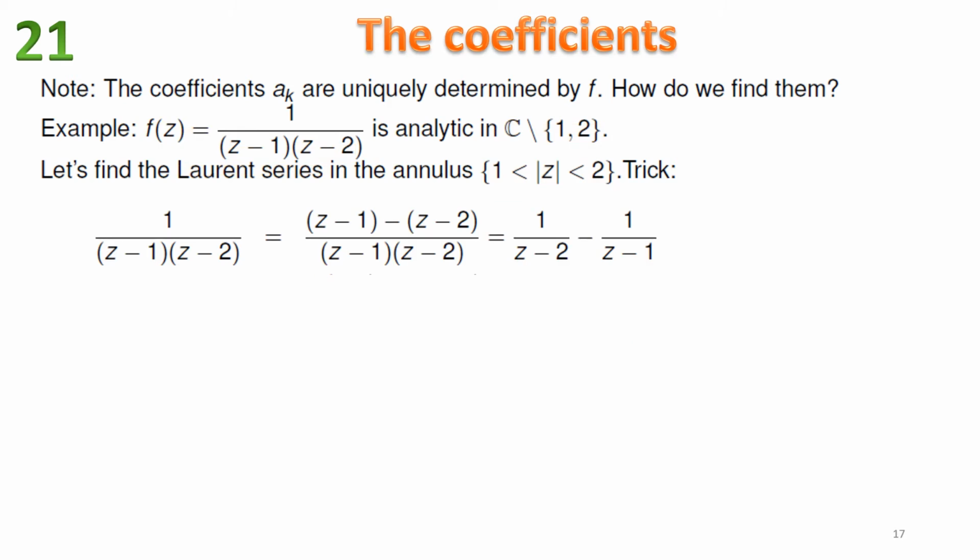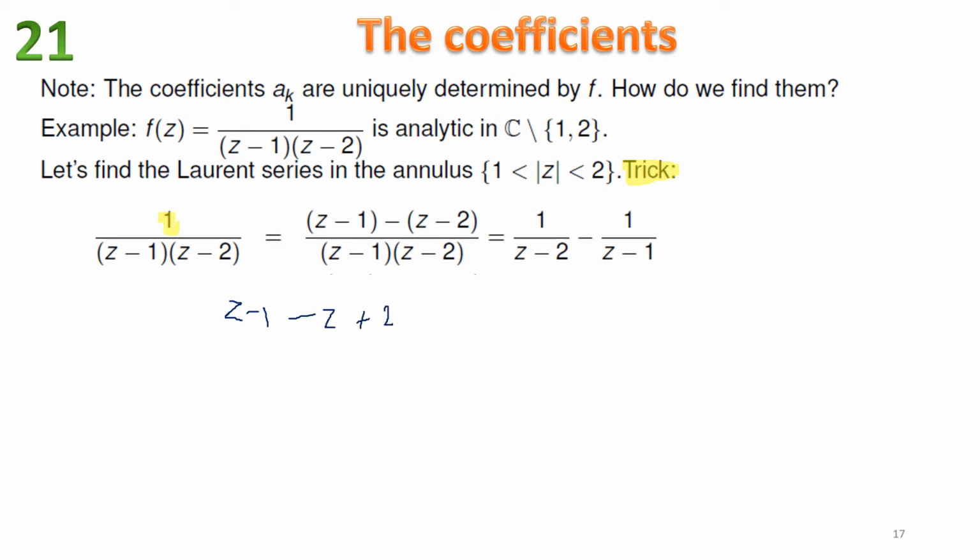Here we are going to use a wonderful trick, and the trick is that we are going to rewrite this 1 in a smart way. The denominator is the same, (z minus 1) into (z minus 2). Now here we have written (z minus 1) minus (z minus 2).